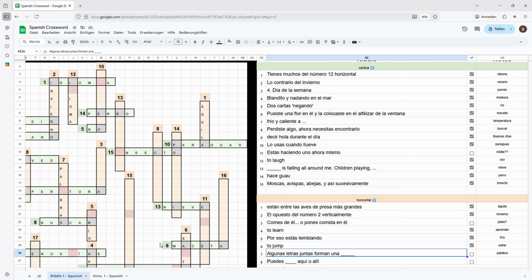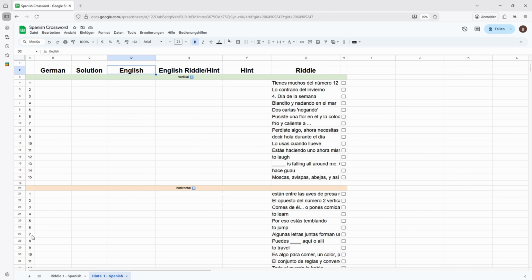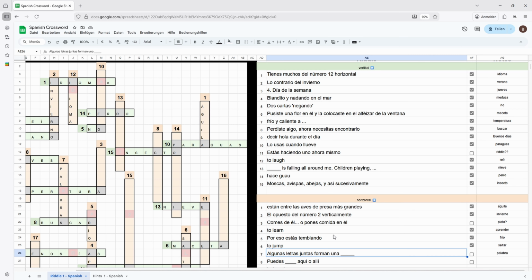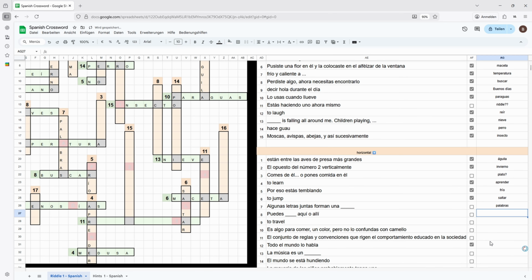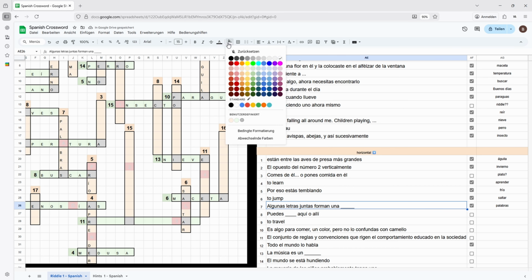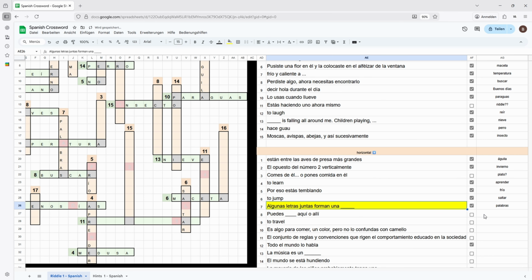It's una. Let me take a look. Okay, it's palabras, but it should be palabra. There's a mistake. I have to give feedback. Yeah, my sister is asking for feedback.